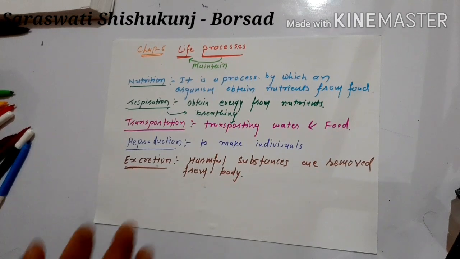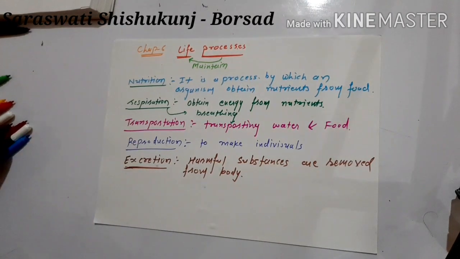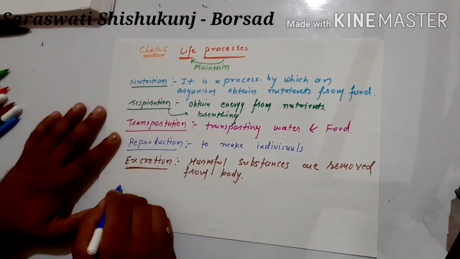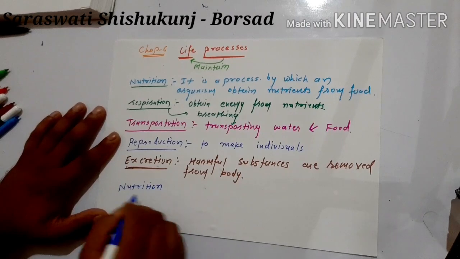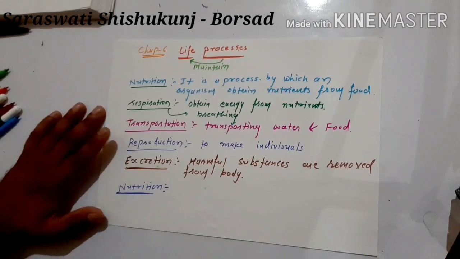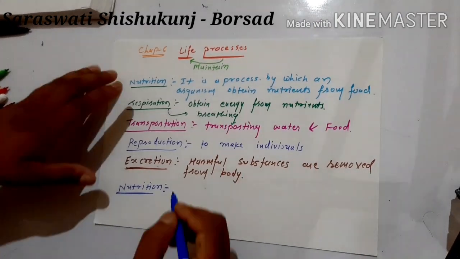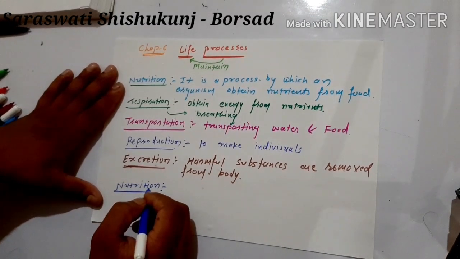Now, today's lecture is about nutrition, right? What is called nutrition and types of nutrition. In that we are going to understand about the autotrophic mode of nutrition. As we discussed, what is nutrition, right?